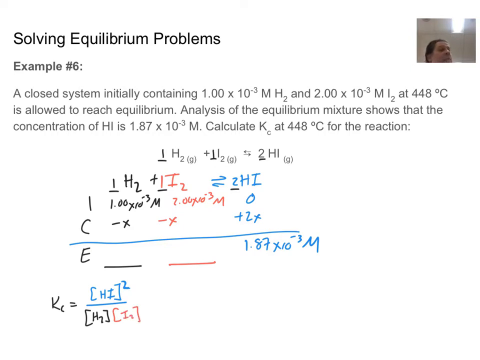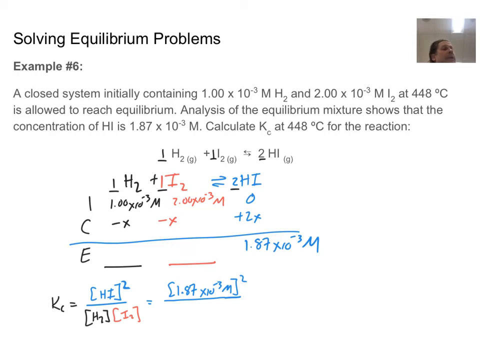Now, the one thing that I know for certain is the concentration of the HI, which is 1.87 times 10 to the minus third molar, and that's going to be squared. But I know that in this case, X has to be half of what the concentration is.